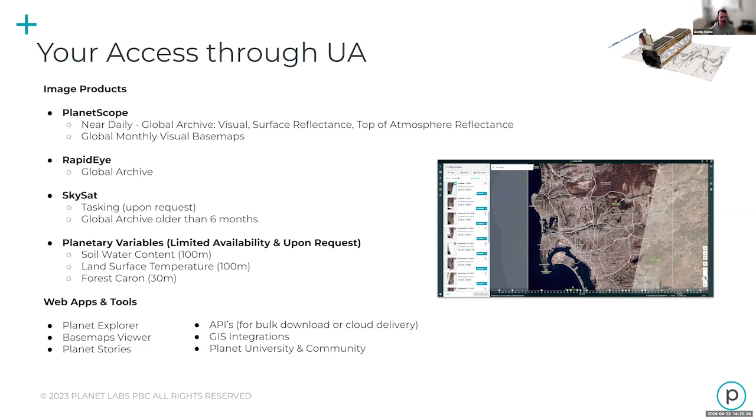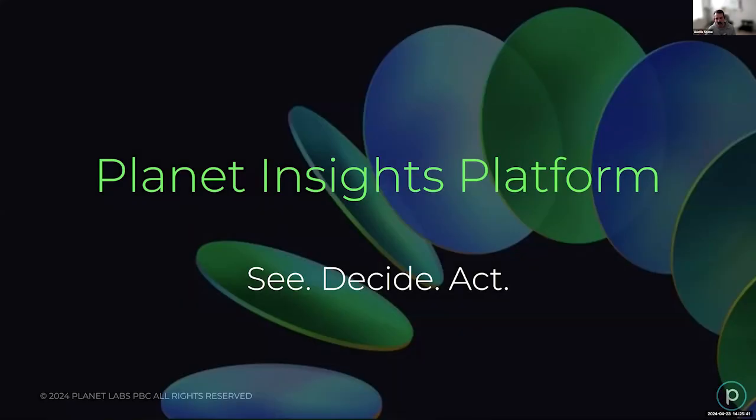It's a great way to kind of get engaged with the Planet user community. We're actually seeing a lot of really exciting conversations taking place in Community, which is awesome, which is a great time actually for you all to be involved in Community now with the release of the Planet Insights platform, which I just so happened to put the slide next. So it's a great segue.